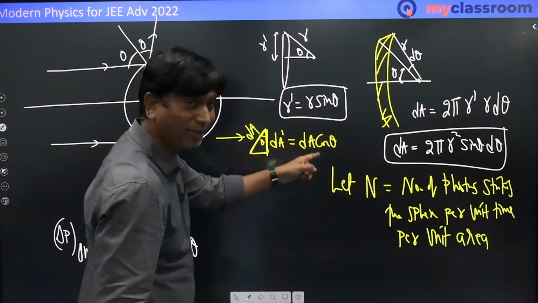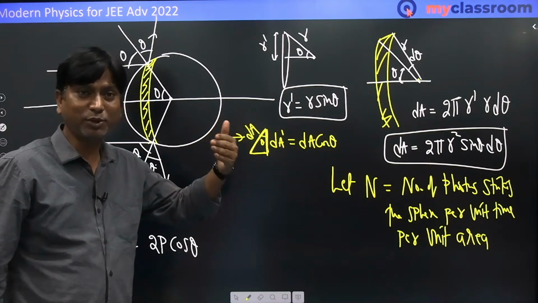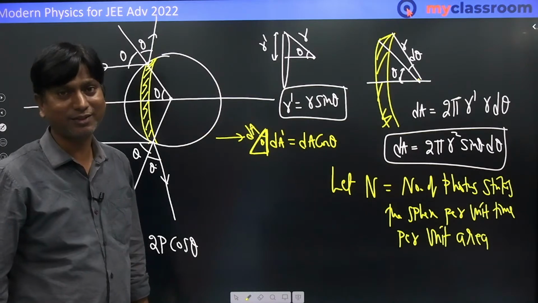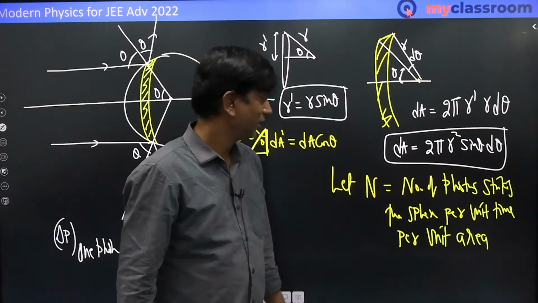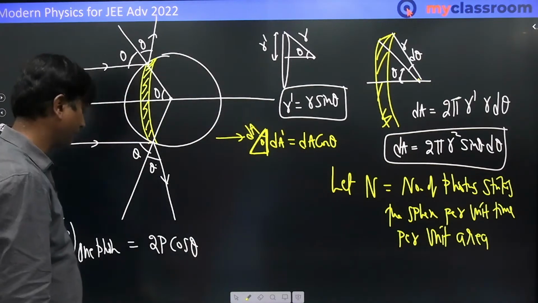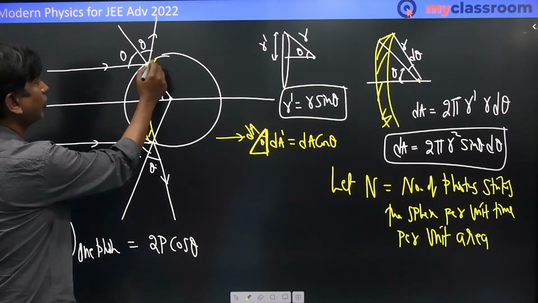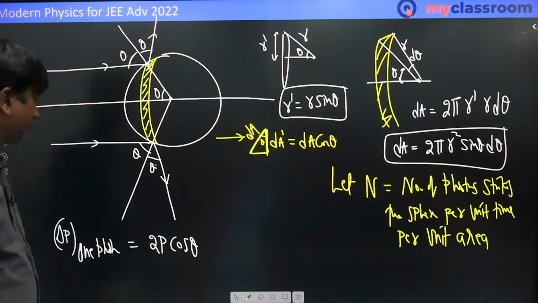It is a projected area normal to the incident photons. Whenever you write that area, you have to consider that too, because some photons are hitting here, some here, some here. So better you take the effective area only.